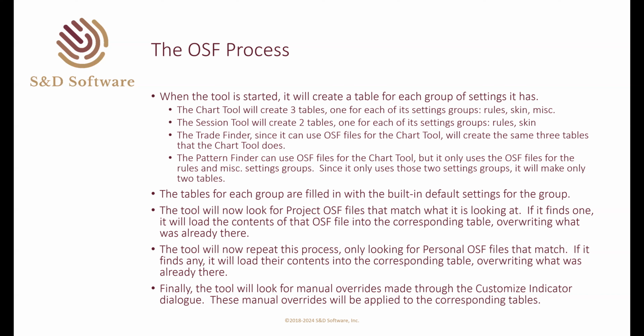It'll take the settings in that personal OSF file and write them into the corresponding locations in the table for that settings group. So if it loads a personal rules OSF file, everything in there will be written to the rules table, and the rules table will be updated to reflect what's in that personal OSF file.